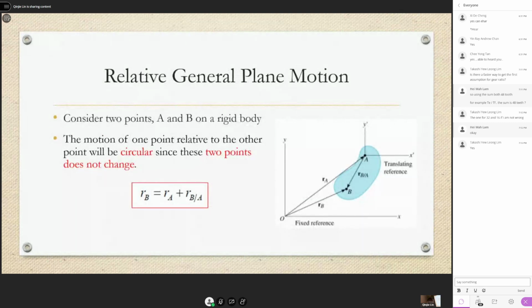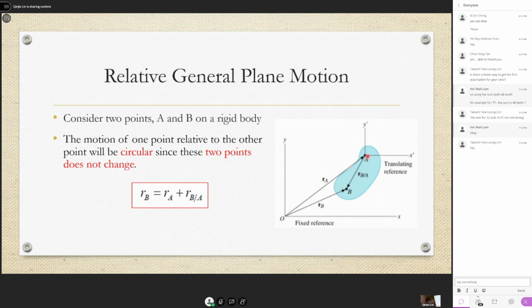Now we are coming to some equations, and these are what you need to use to solve problems, of course putting in some numbers. So consider 2 points, A and B, on a rigid body. Let's say this is a rigid body. You have A here, you have B here. The motion of one point relative to the other point will be circular since these 2 points do not change distance.